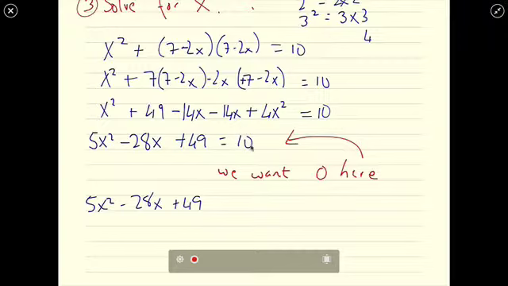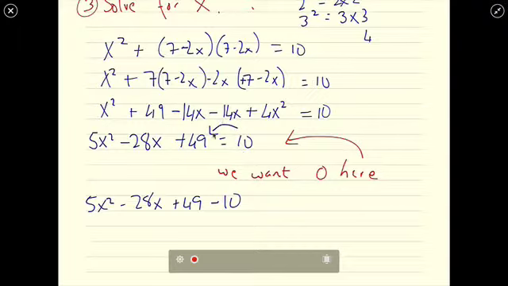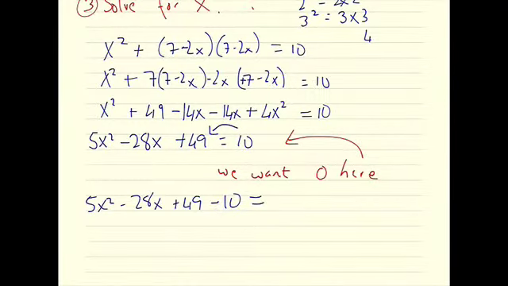I want 0 here, so I'm just going to bring the 10 across, and it becomes what? I'm bringing this 10 across. Change to a minus. Equals 0. So then I have 5x squared minus 28x. What's 49 minus 10? Well, it's plus 39 equals 0.